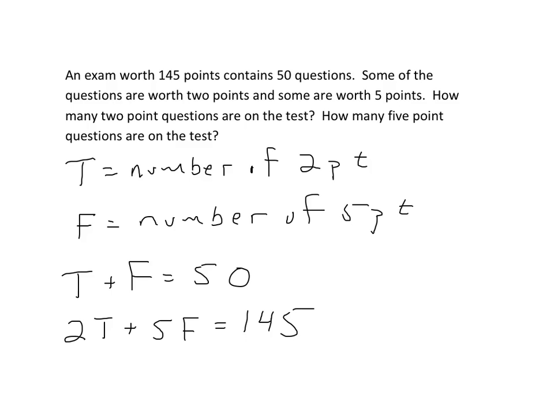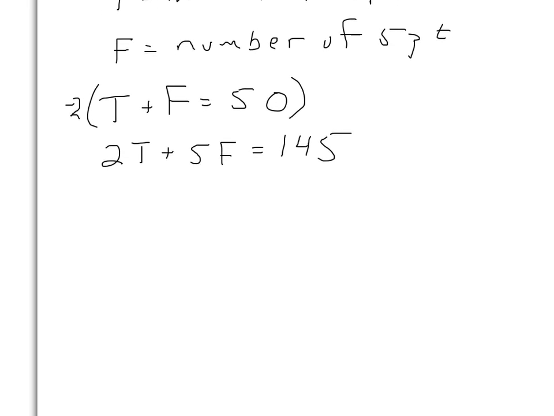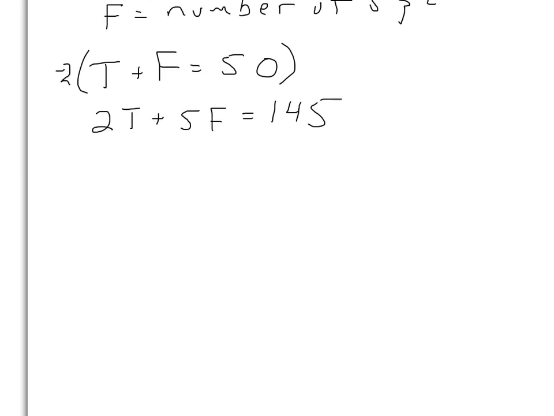To solve them, I think I'm going to go with combination again, except I'm going to have to multiply by something. I think multiplying the top equation by negative 2 is going to be the easiest. So that top equation turns into negative 2t minus 2f equals negative 100.